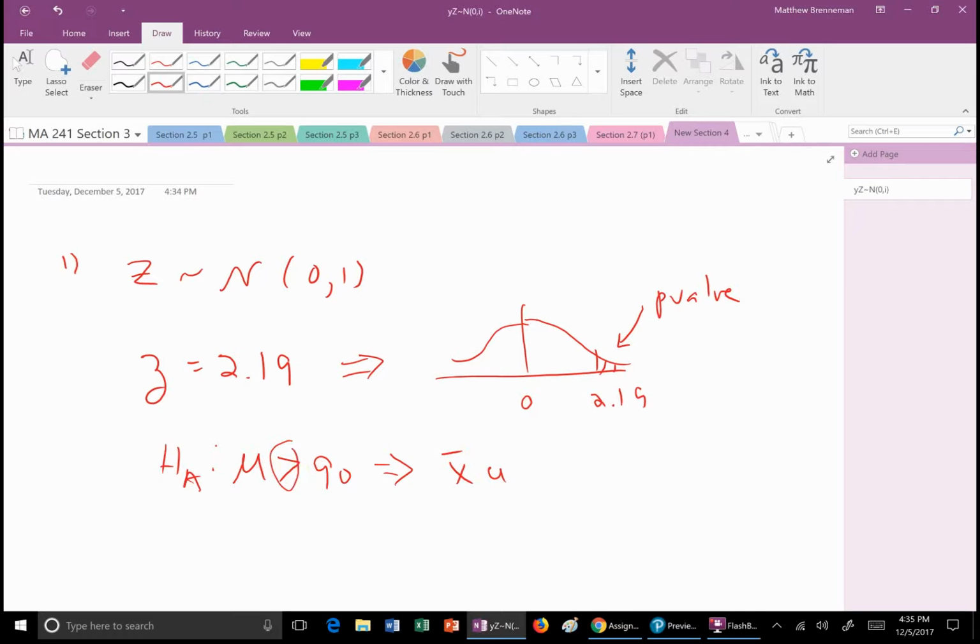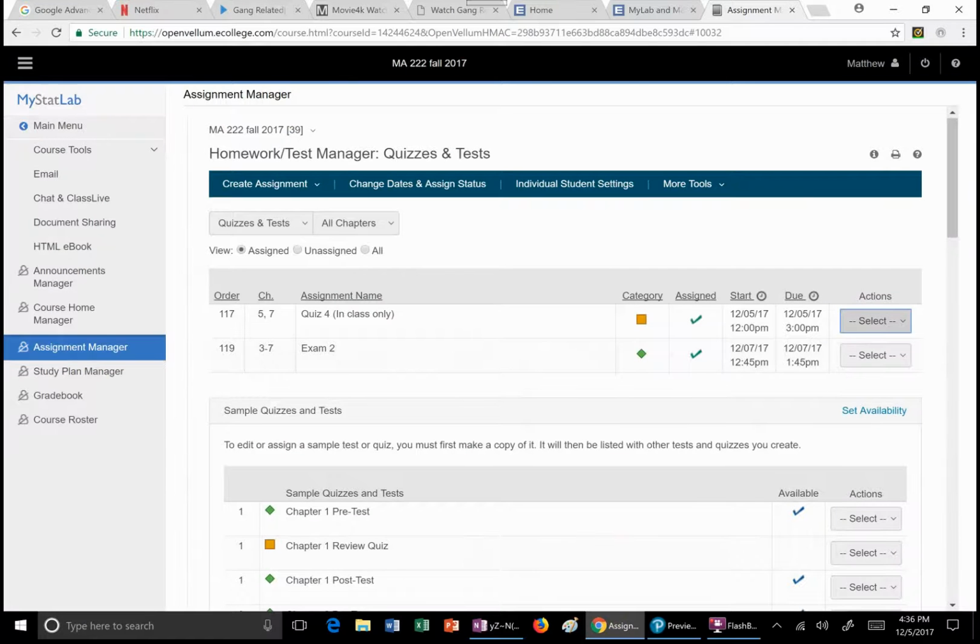Because the inequality is pointing towards the upper tail. That's where the p-value would be. Well, the same is true for the z-score. Whatever is true for x bar is true for the z-score. So again, we're going to test the upper tail, and that's why I'm taking the p-value as the probability in the tail.